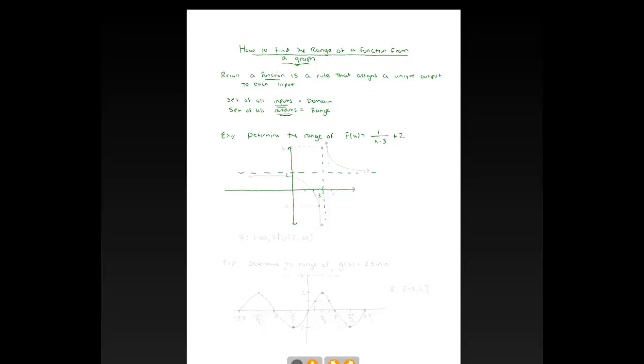Okay, and let's see, anything else of interest? When I plug in 0, I get a number a little less than 2, so my picture is going to be doing this. Okay, so there's my graph.